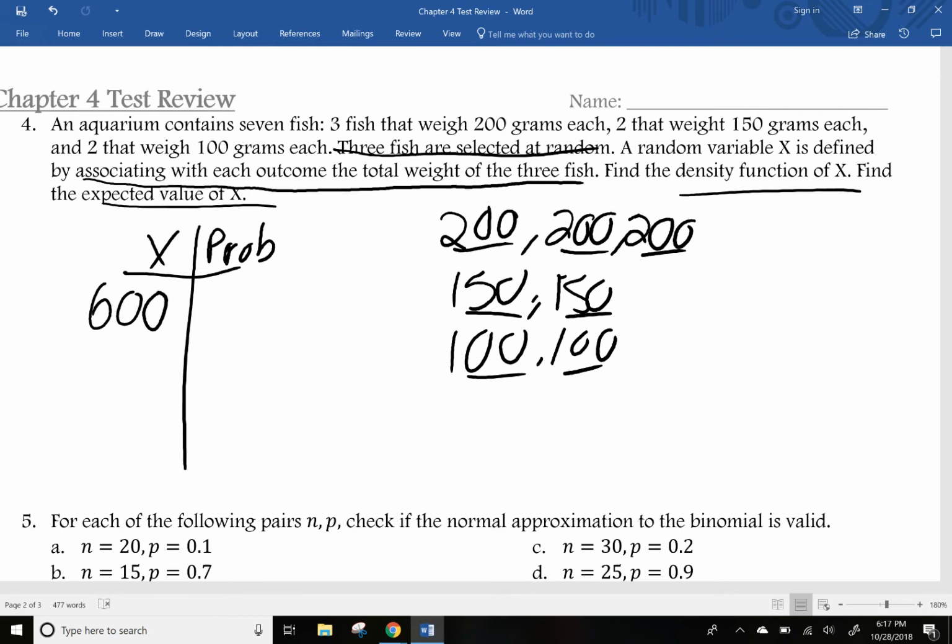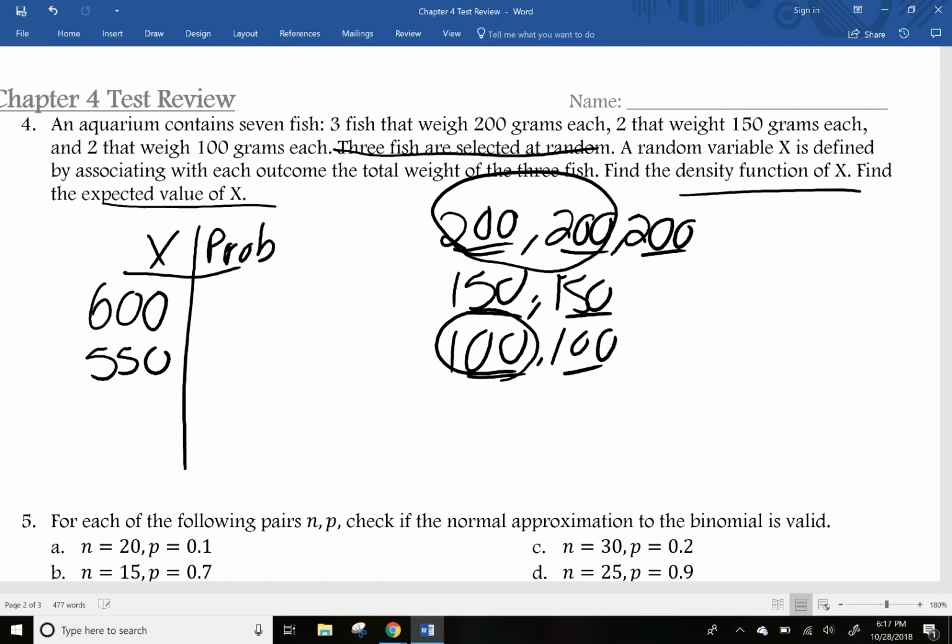I could choose 2 fish that are 200 and then one that's 150, which would make 550 as my total weight. I could choose 2 200s and 1 100, which would mean a total of 500 for weight. 200 plus 200 plus 100 is 500.